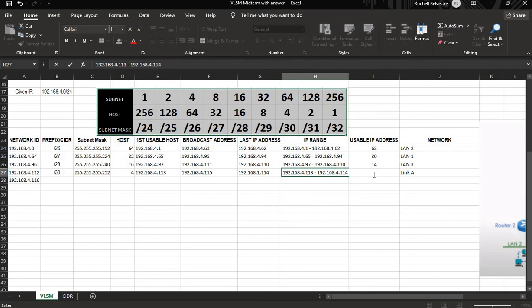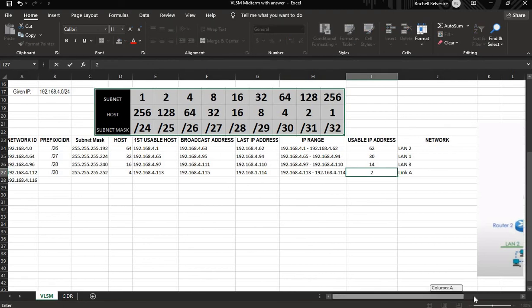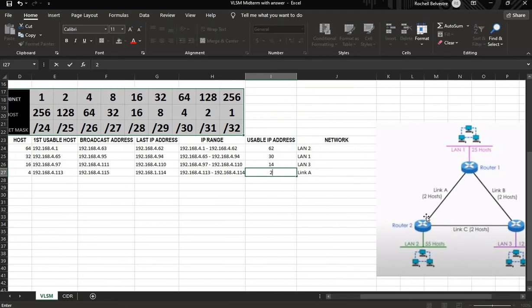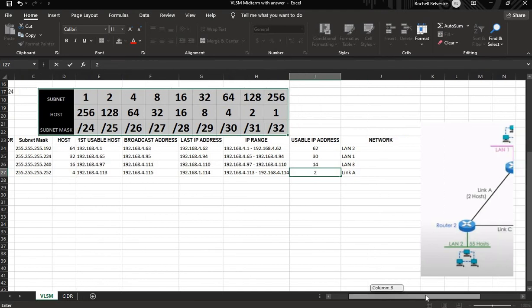So we only have two usable IP addresses, which is good for this one. If we use the /31, which is 2 hosts, we don't have enough IP addresses for this network. That's why we use the /30, or 4 hosts. We have 2 usable IP addresses left, and we're going to allocate them to the link A network.